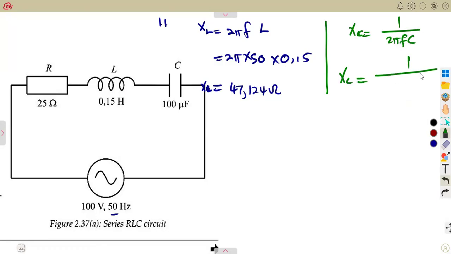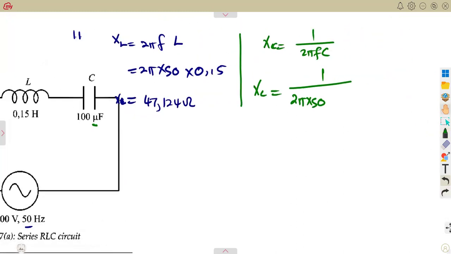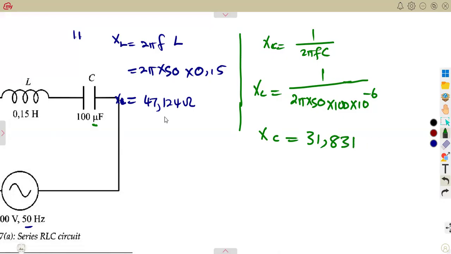So XC is going to be 1 over 2 pi times frequency, 50, times capacitance, 100 microfarad, so that's 100 times 10 to the exponent of -6. That was going to give us XC, the reactance of the capacitor, which is 31.831 ohms.